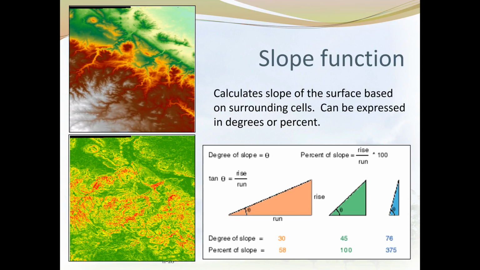With the tangent, you use the rise, this is rise, this is run, for degrees of slope. In percent of slope, we use the rise over the run times 100.